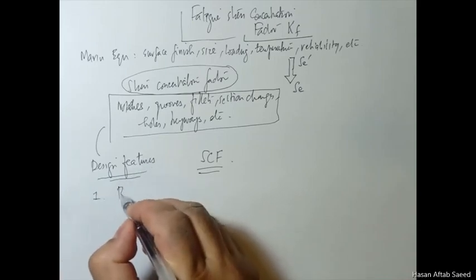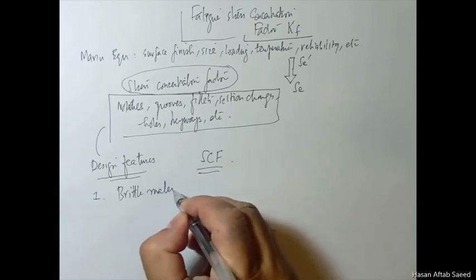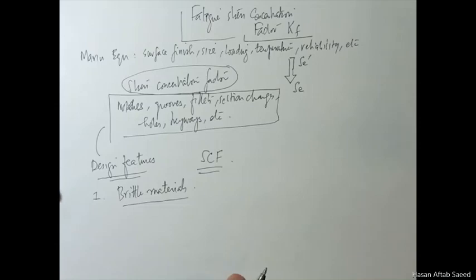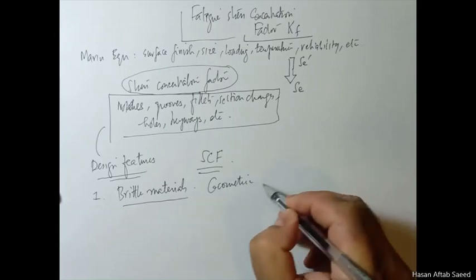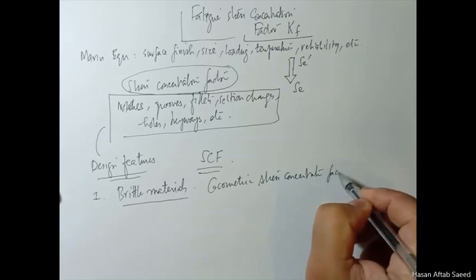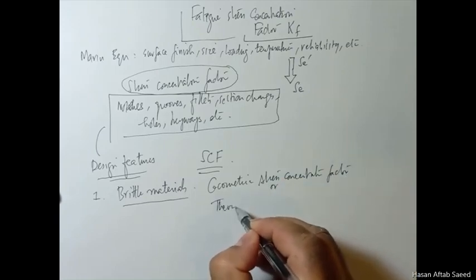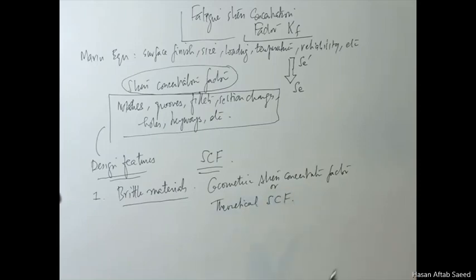First of all, if you are dealing with brittle materials, what is the stress concentration factor when it comes to brittle materials? It's called the geometric stress concentration factor, or the theoretical stress concentration factor, and it is called Kt.